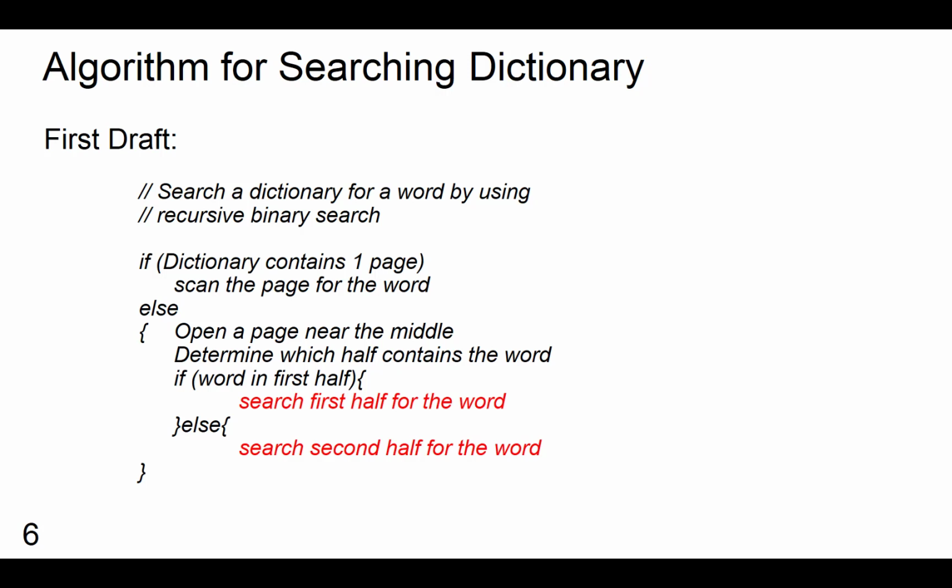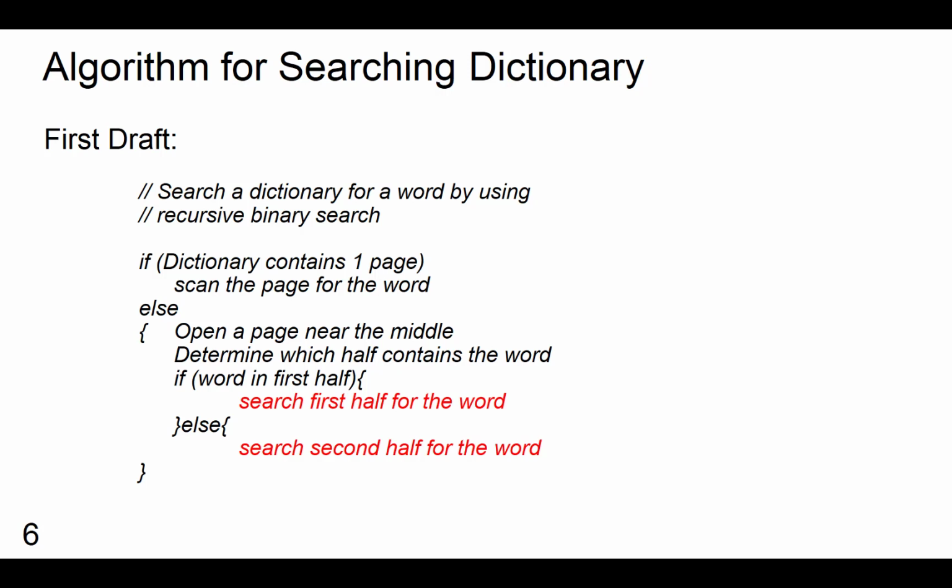Next question is about the base cases. For the dictionary problem, if the dictionary contains only one page, that is the base case. Either the page contains the word or not. So there are two base cases. One, we can find the word.